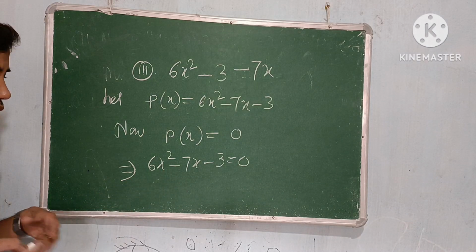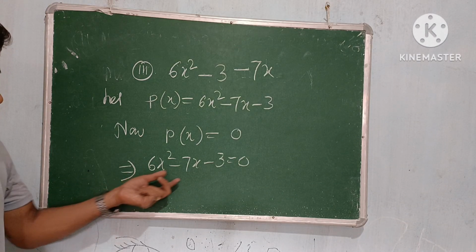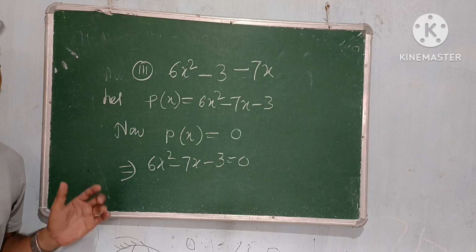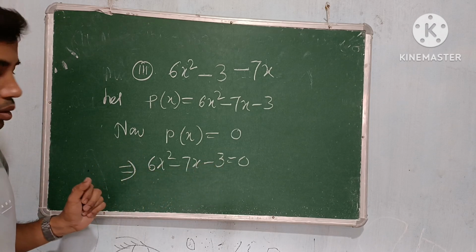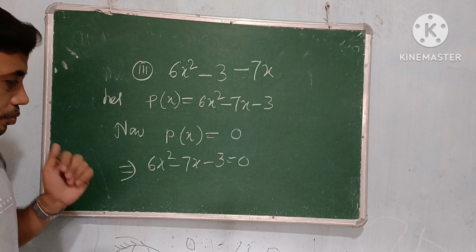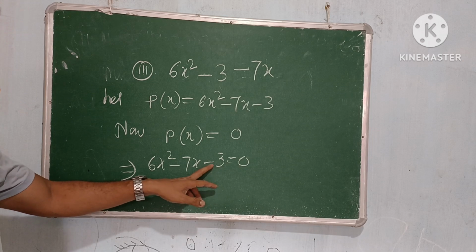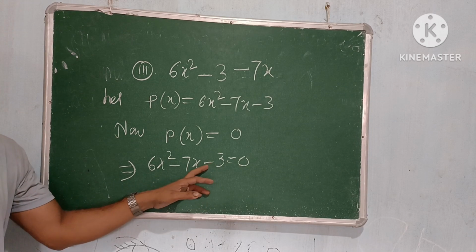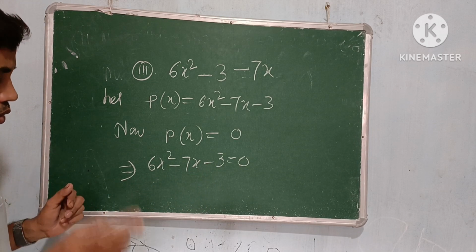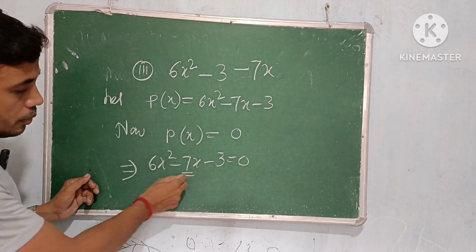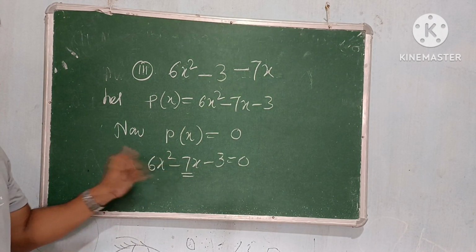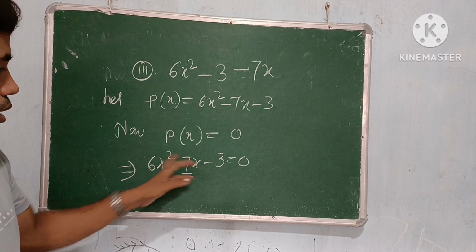In this case we always remember to find two factors of AC where the sign is negative. So the subtraction of those two factors is equal to 7 and the multiplication of those factors is equal to AC.